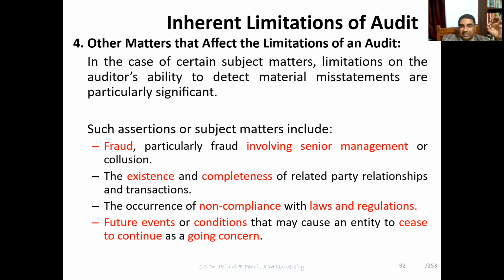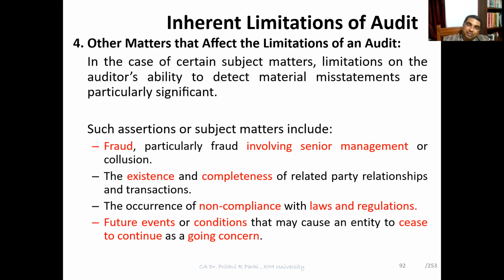Then, future events or conditions that may cause an entity to cease to continue as a going concern. There might be some future events or conditions which may affect the going concern assumption of an entity. The auditor may not be able to know that also.